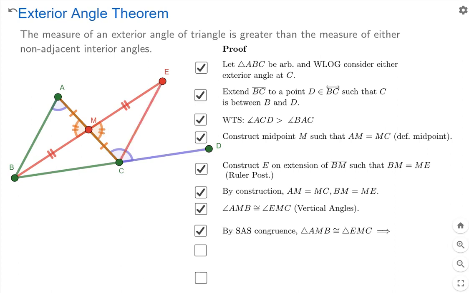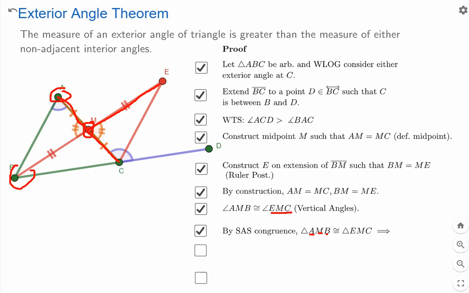I add the line segment EC, and make sure that you know this, that you have to label your triangle congruence in the right order. So this triangle congruence says AMB, and we have to go in the correct order, right? So this line segment first, so I need to go CME. And I actually got this wrong. I'm going to have to change this.